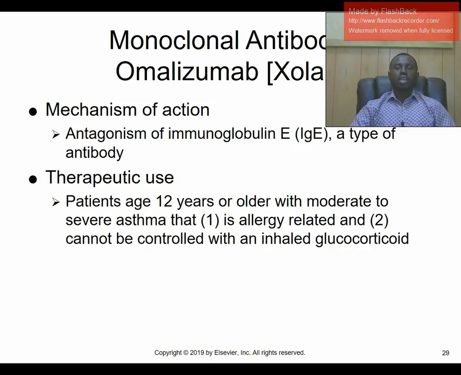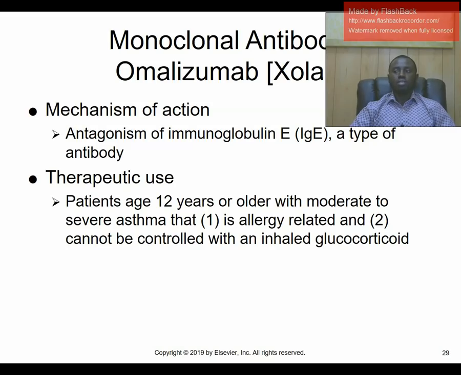The other type of anti-inflammatory drug is Xolair. Xolair, or omalizumab, is a unique medication in that it is an antagonist of IgE.